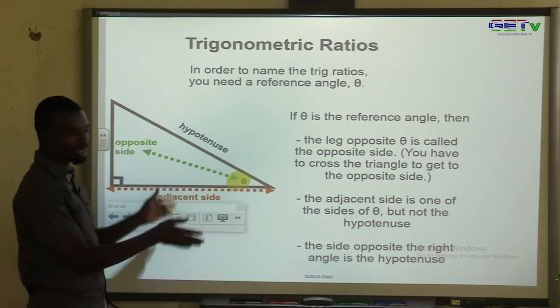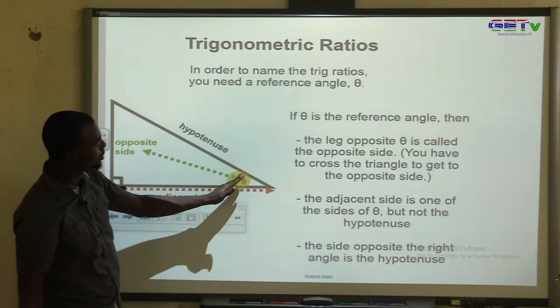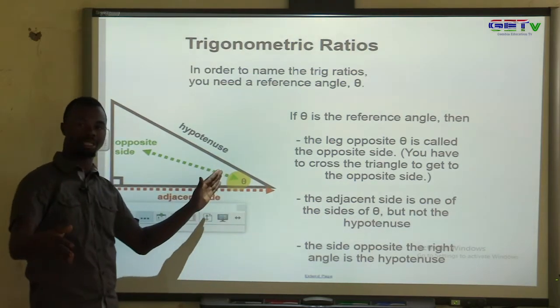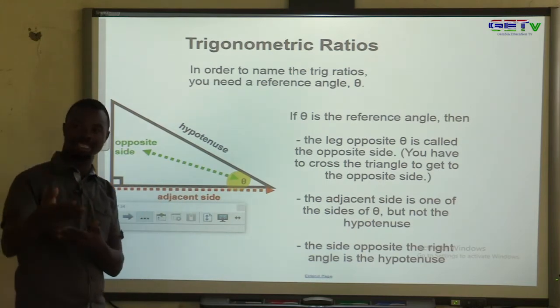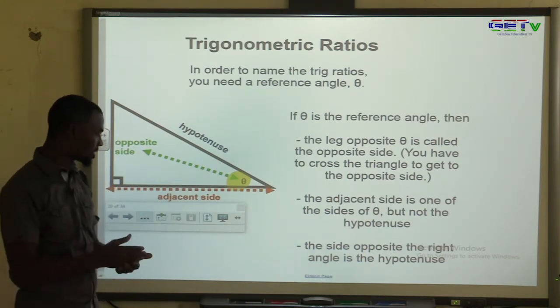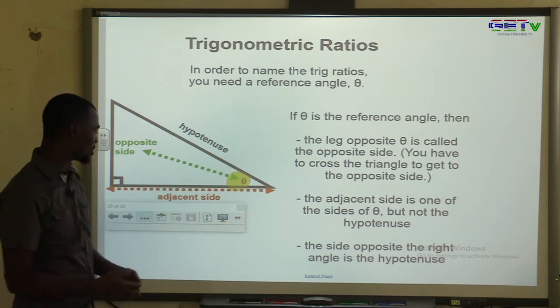If you label your theta at one side of the triangle apart from the right angle, the side opposite that theta is the opposite, and the third side becomes the adjacent of the angle.